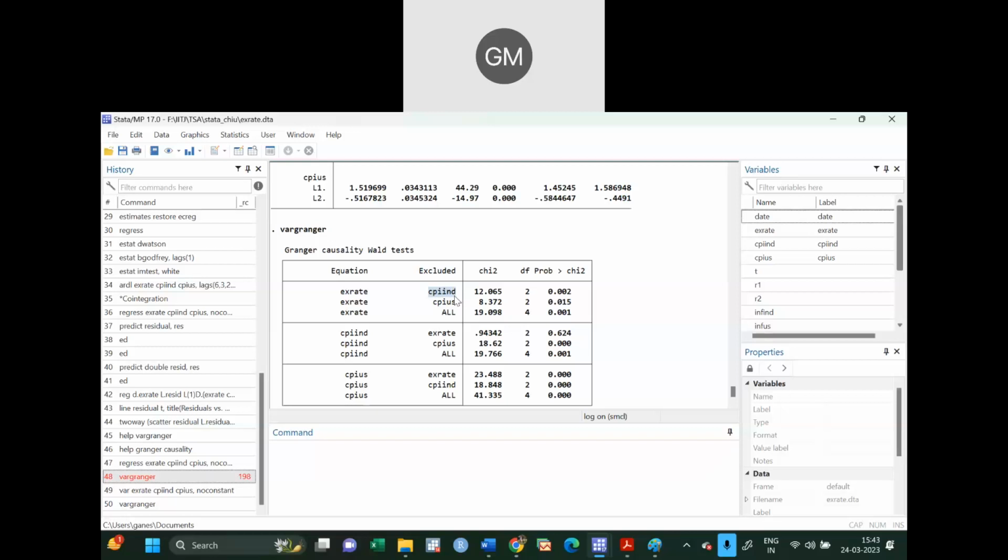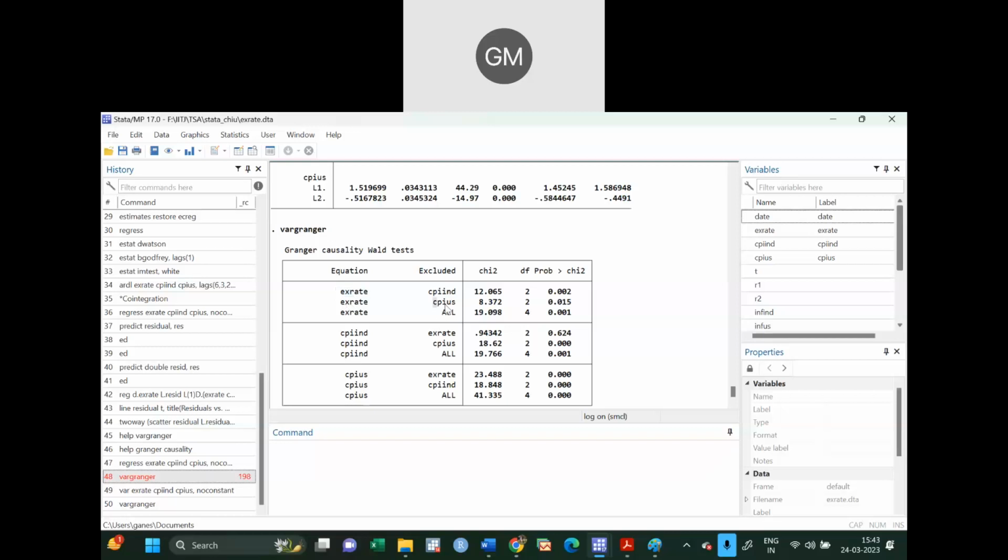So what we are simply looking at is the effect of the consumer price index of US on the exchange rate. So the null hypothesis is no Granger cause and the test statistic value is 12. So you reject the null of no Granger cause, right? It means there is a Granger cause, meaning the consumer price index of US is affecting the exchange rate.